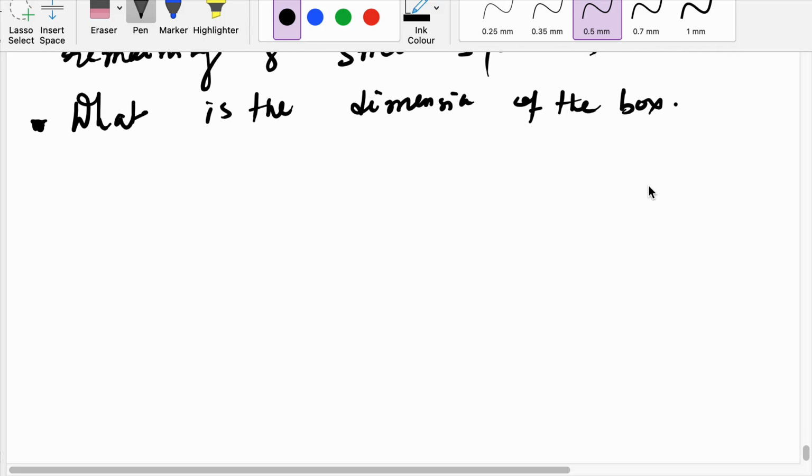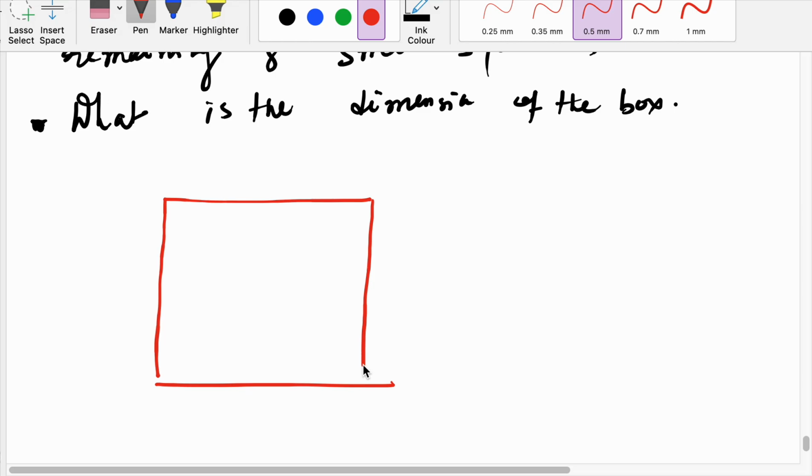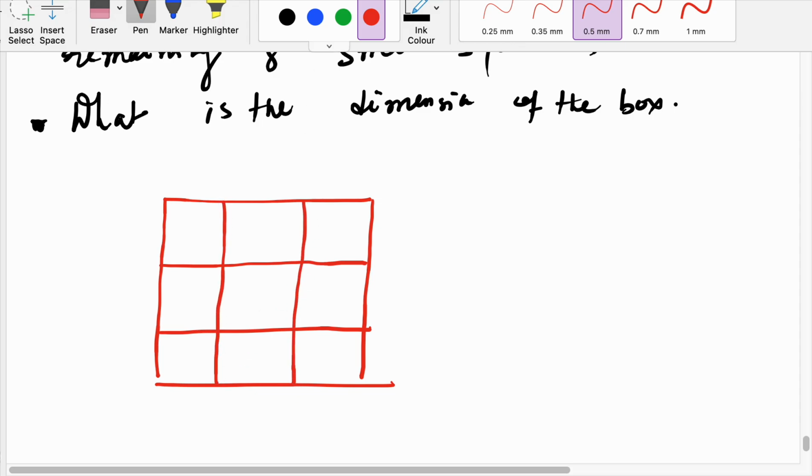So let me create it. You will find it. Suppose this was my previous box. Now if I divide in 3 parts, it will automatically go to 9. Now let's remove some part.